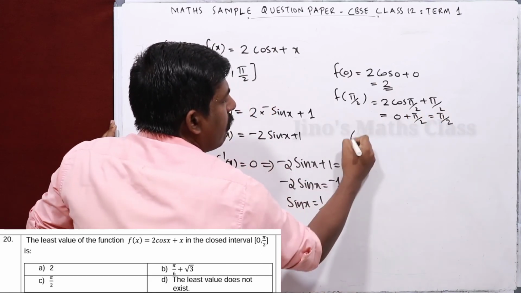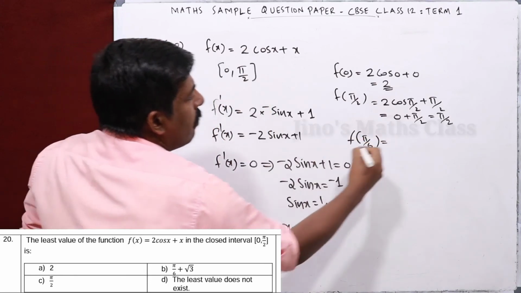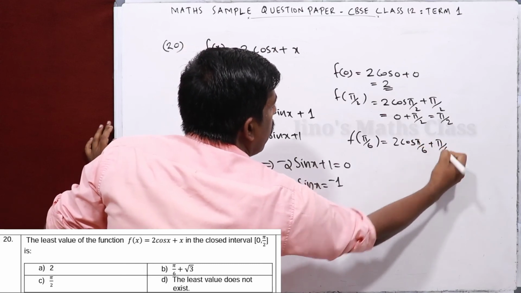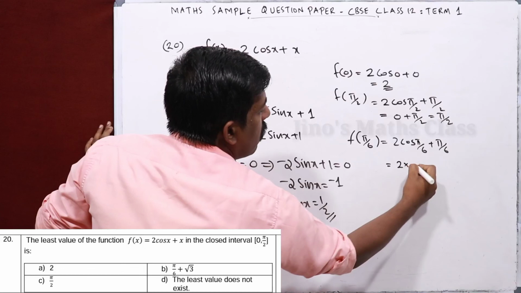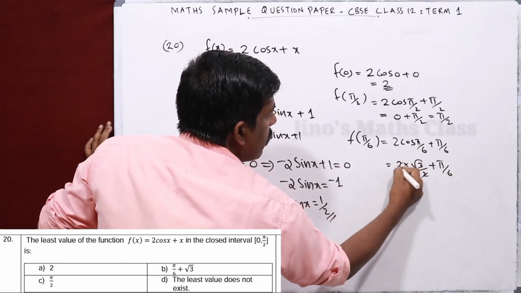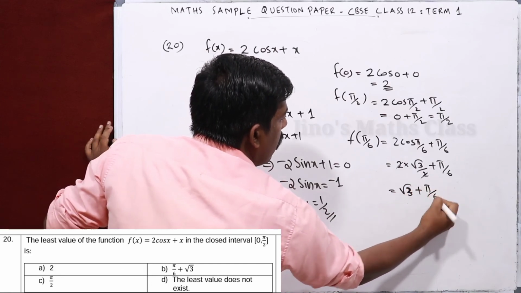Now f of pi by 6 we can find. We will get 2 cos pi by 6 plus pi by 6. That means it is 2 into cos 30, which is root 3 by 2, plus pi by 6. Here we can cancel 2. So we are getting root 3 plus pi by 6.